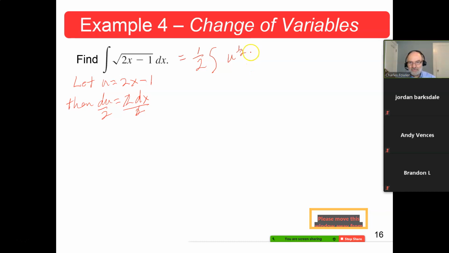Now that's not skipping too many steps, is it? And then what we had left was du over 2, but we already pulled the 2 out here, so it's du. And that's something that I think even I could do. What would that be? The antiderivative of u to the 1/2?